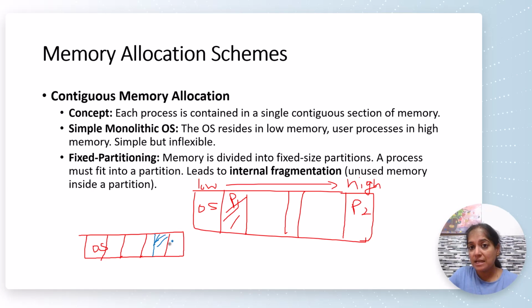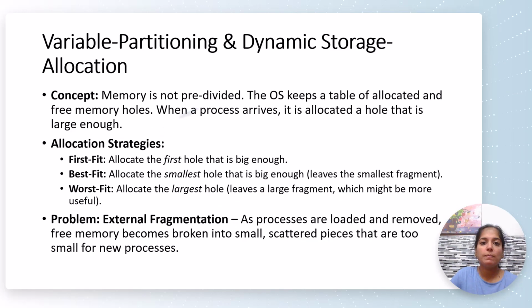If the process size is greater than the partition, we cannot load the process in memory, so we cannot execute it. If the process size is smaller than the partition, then this space is wasted here, the space within a partition. It is called internal fragmentation, because this is the unused memory space within a partition which cannot be used.